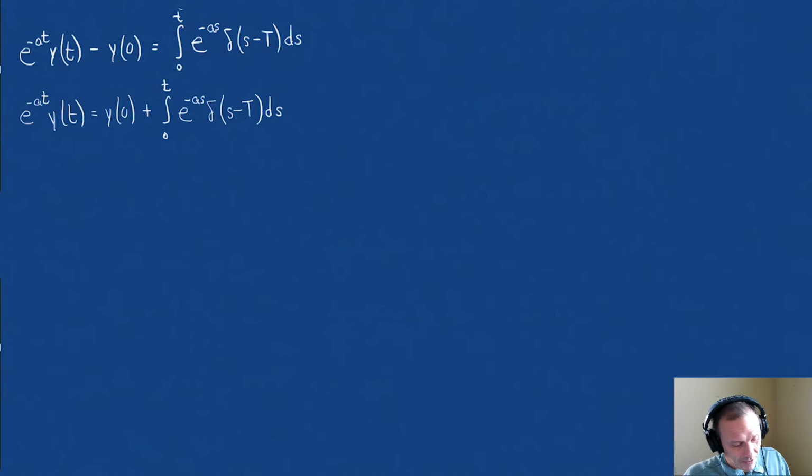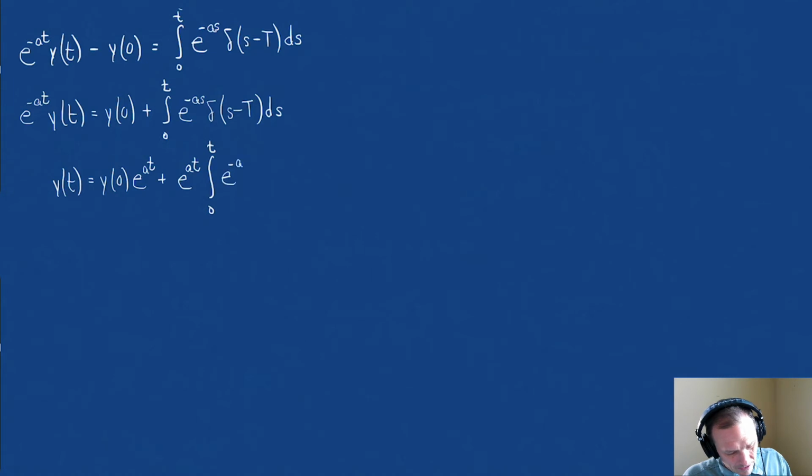So this is going to give us y of t equals y of 0 times e to the at plus e to the at, the integral from 0 to t, e to the minus as delta s minus T ds.